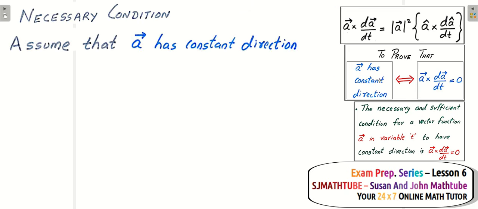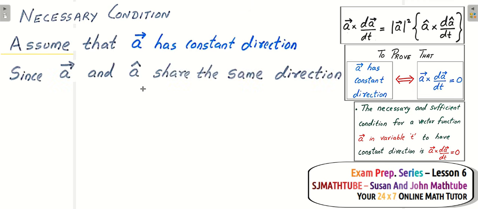So assume A has constant direction. And if A has constant direction, A cap will also have constant direction, because I told you a vector and the unit vector share a common direction. The magnitude might be different, but the direction will be same.